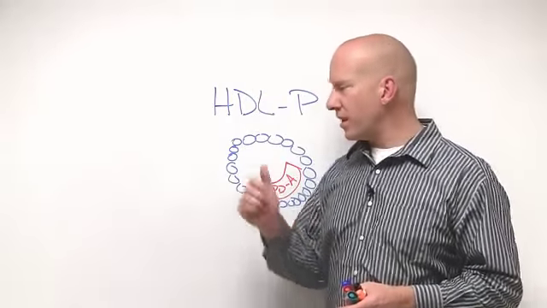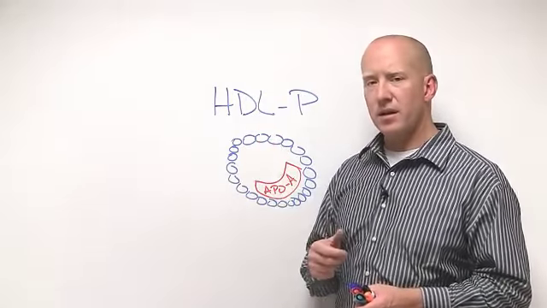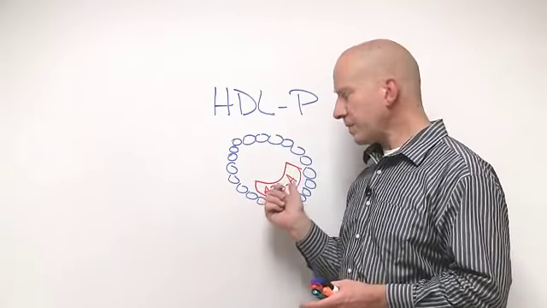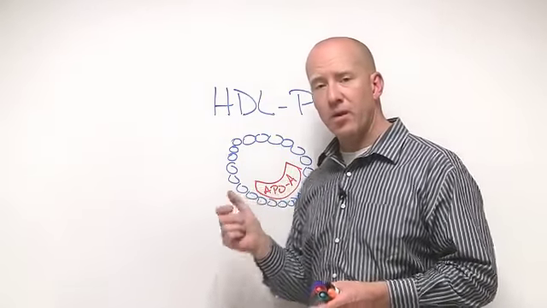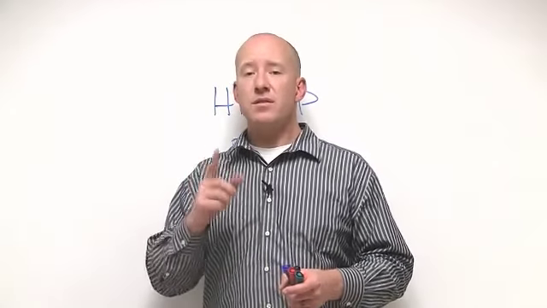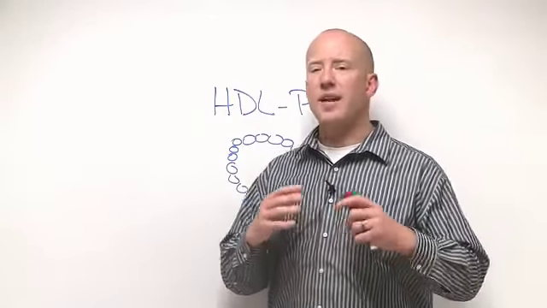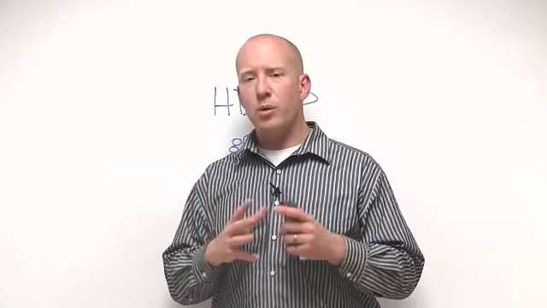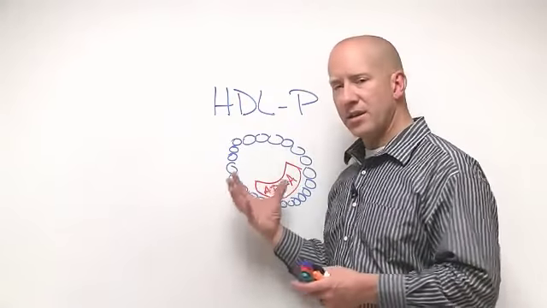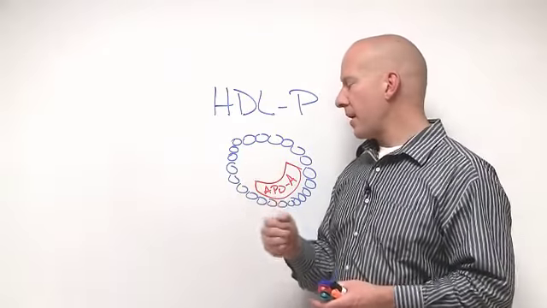Now, that's not true of the HDL or high-density lipoprotein particles. The apolipoprotein A or apolipoprotein A1 is associated with HDL particles, but it's also found on other ones. So it's not a one-to-one surrogate or proxy marker of HDL particle numbers.